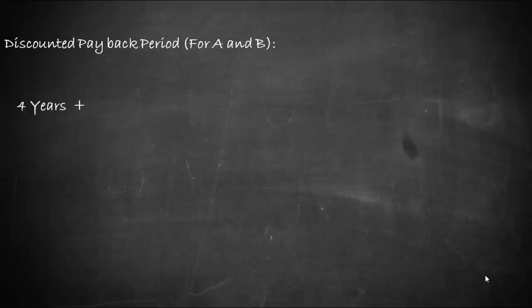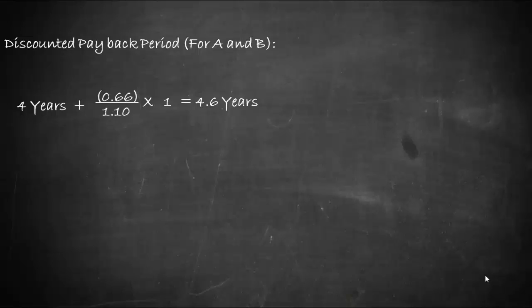In the 5th year, we are concerned only about this 0.66, whereas total cash flow in year 5 is 1.1. So 1.1 is for 1 full year, what is for 0.66, and that would give us 4.6 years. So in 4.6 years, the entire 5 lakh has been recovered using the discounted payback period for mission A.